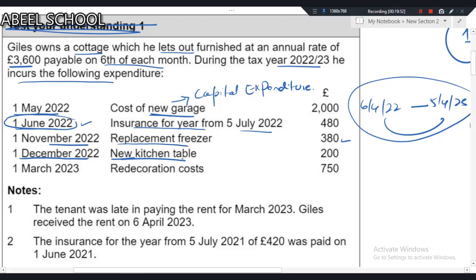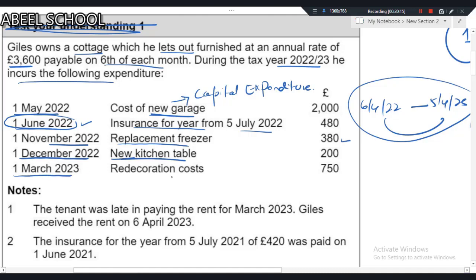Replacement furniture relief is not available when you are buying something new. It is not available on your initial cost. And look at the wording, what it says: new kitchen table. So since it is a new kitchen table, you're not replacing, actually you are buying a new kitchen table. That is why replacement furniture relief on this new kitchen table is not available.